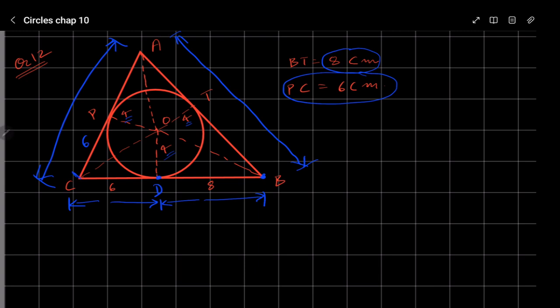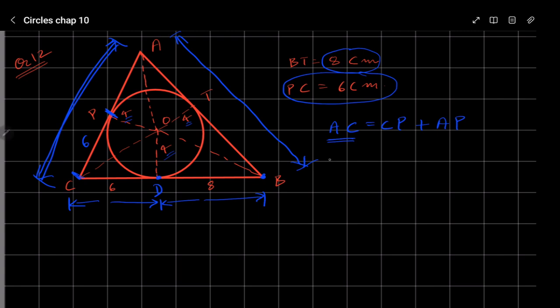But this PC is just a part of AC, isn't it? It's a part, it's not full. If we want to calculate how much is AC, we need to add CP or PC with AP. Then we will find the length of AC.